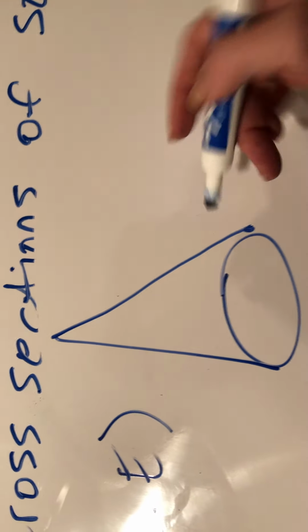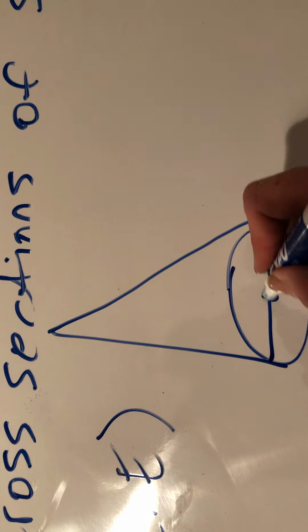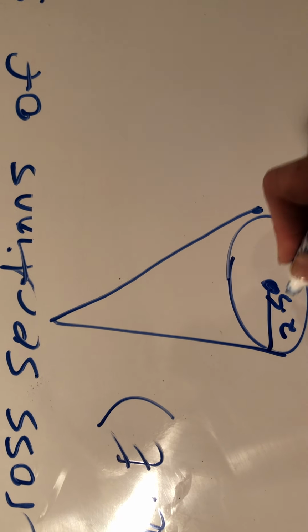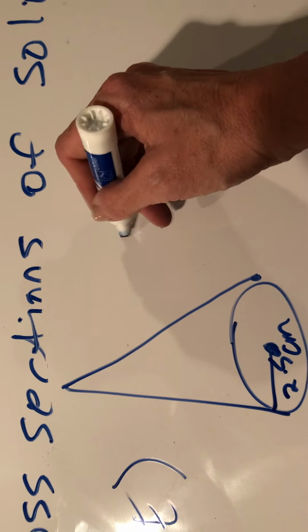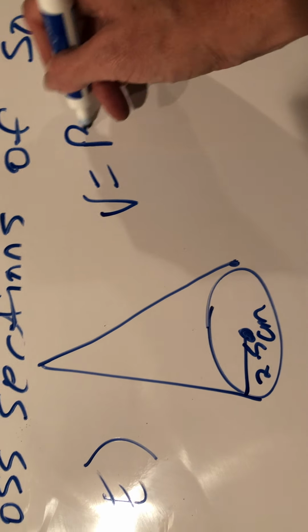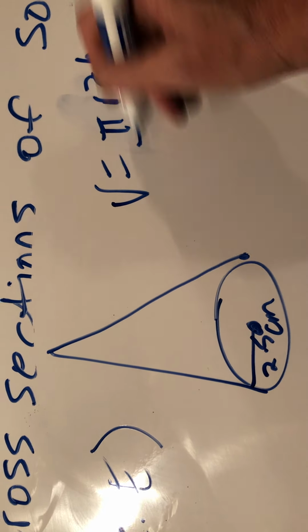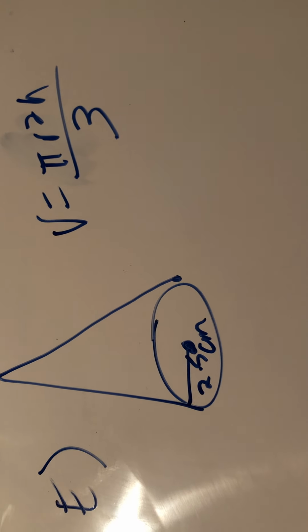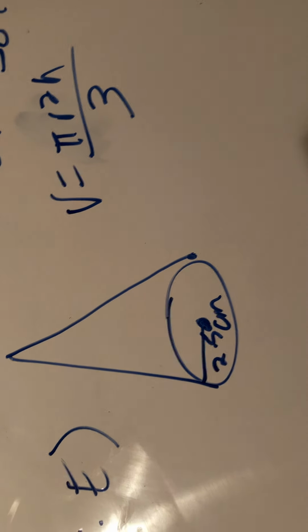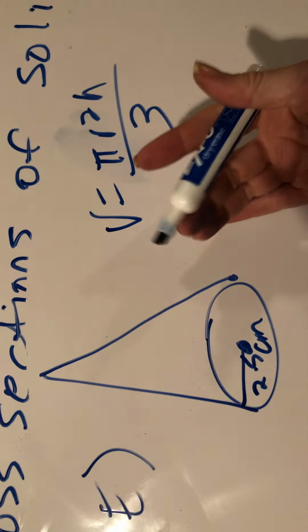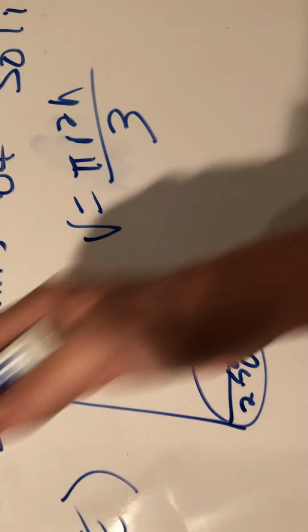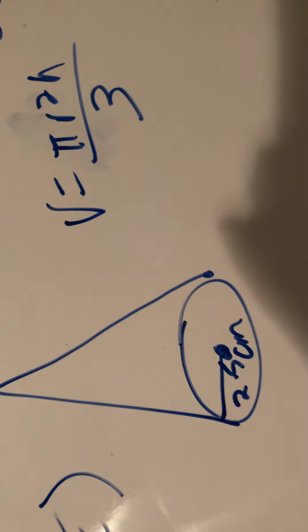Now, it says oblique cone, like don't let that freak you out. You just have to do volume of a cone, remember, is pi r squared times the height divided by 3. That's volume of a cone. It's an oblique cone because it's kind of tilted to one side, kind of shaved off on one side.